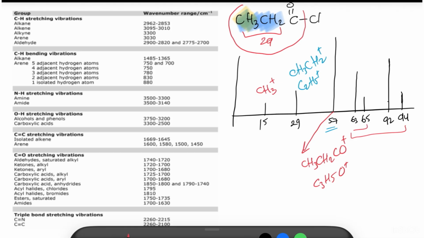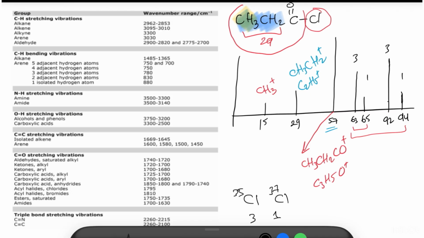The difference between them is 2, and it reminds us of the chlorine isotopes. If you remember, chlorine has two isotopes. We have chlorine 35 and chlorine 37, and the ratio in their heights is 3 to 1. Now we can see that this is a 3 to 1 and this is a 3 to 1.